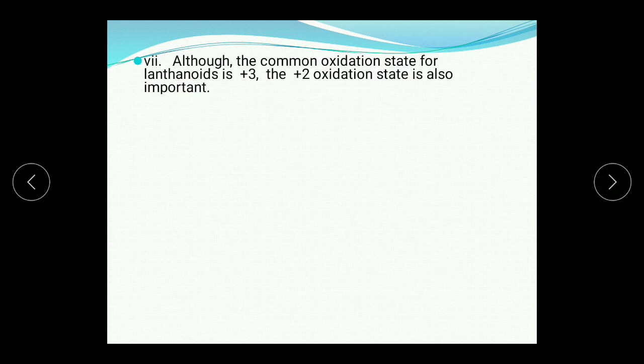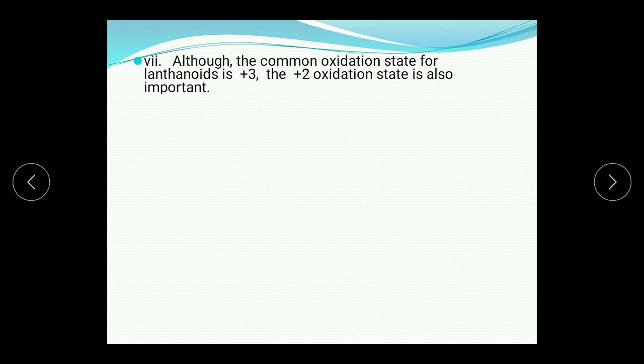Next property. The common oxidation state shown by lanthanoids is plus 3. Plus 3, that means 2 electrons from the s orbital and 1 from d, or sometimes from f also, depending upon 0 or 1 electrons in the d orbital.